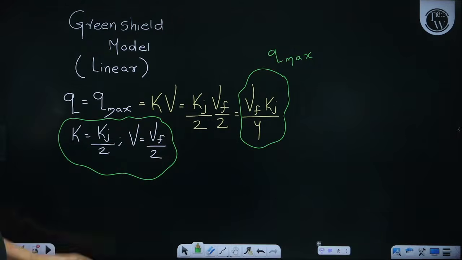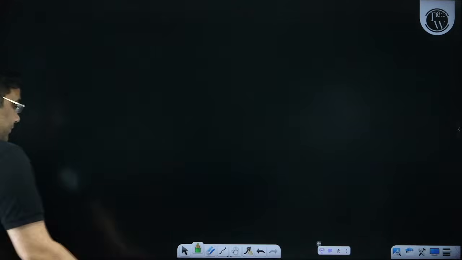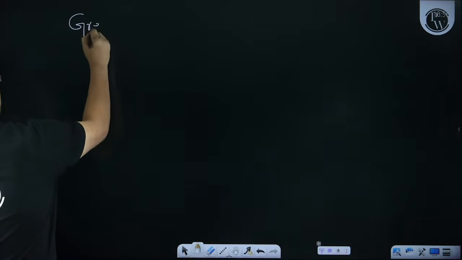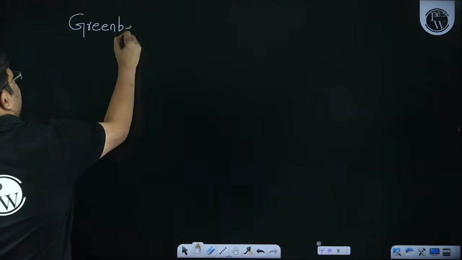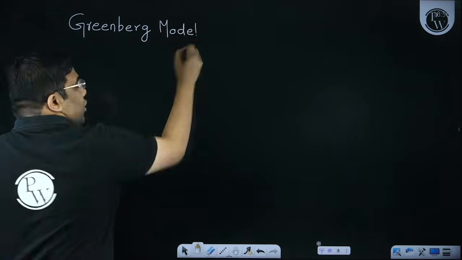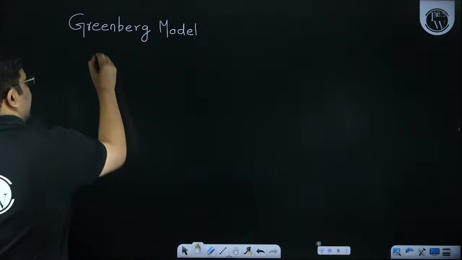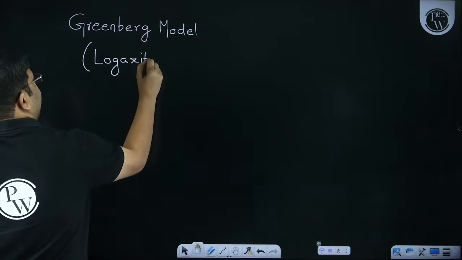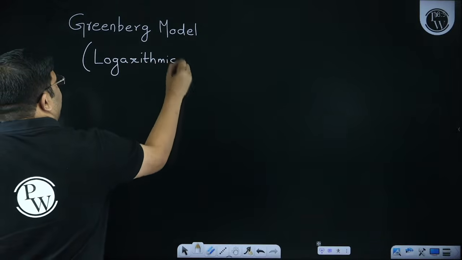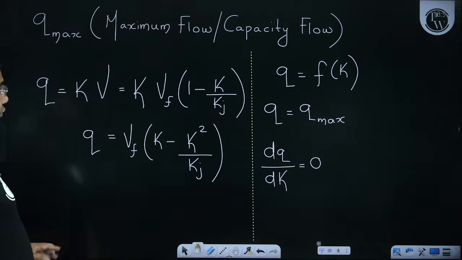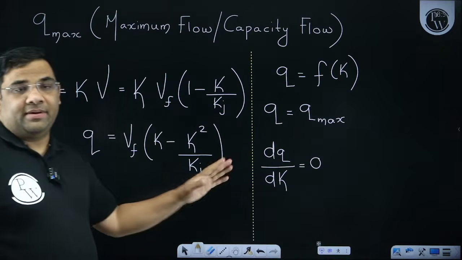Now, a similar thing I can do for Greenberg also. I'm not doing the mathematics here, you can do it. So for the Greenberg model, or the logarithmic model, if I do the same thing, I write down Q with respect to K, then differentiate and make it 0.